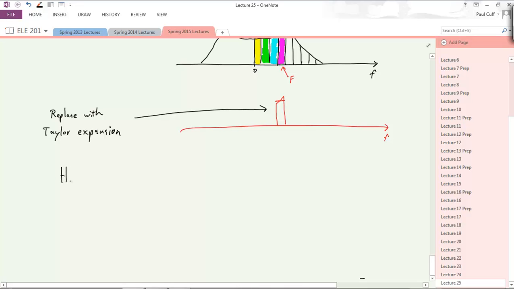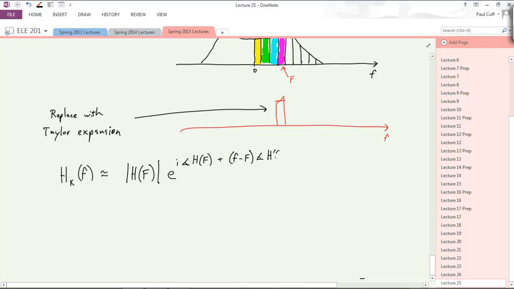We'll say that H_k of F, for the kth frequency band, is approximately the magnitude of H at that frequency F, times e to the i phase of H of F. But we're going to put one more term of the Taylor expansion into the phase, because we care about its derivative: F minus the frequency, times the derivative of the phase.